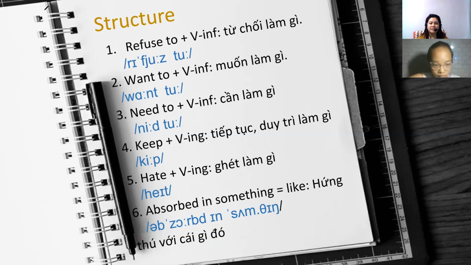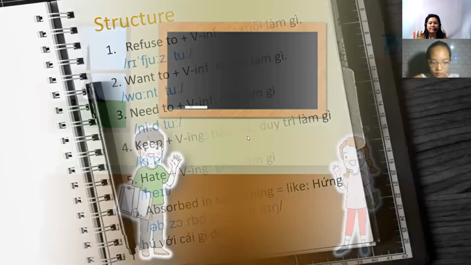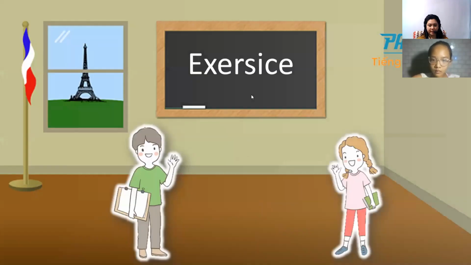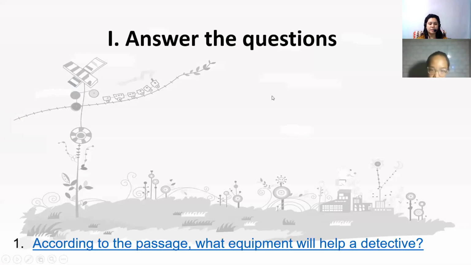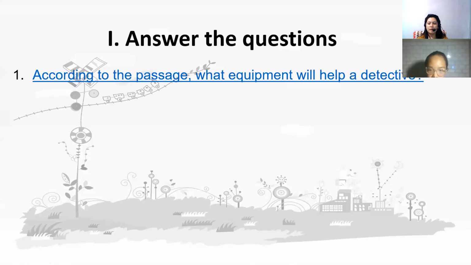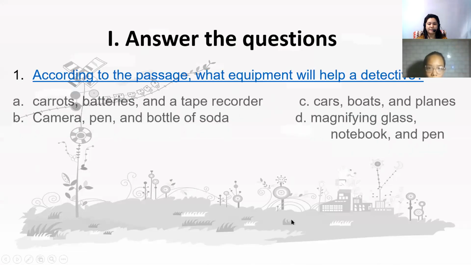Okay, good job, Olivia. Now this time, let's answer some questions about this story. Number one, answer the following question. According to the passage, what equipment will help a detective?